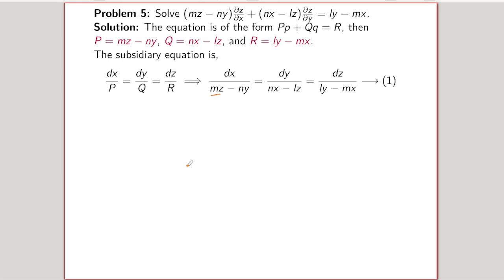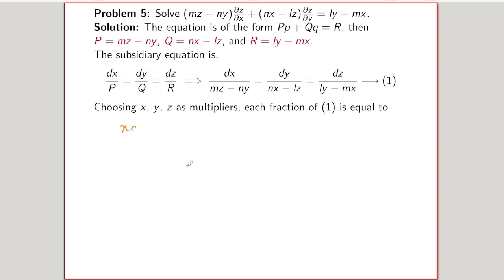Listen here, m z is here and m x is here. If I multiply the first term with x and the last term with z, I'll be getting xzm and minus xzm. These two will get cancelled. So obviously I'm going to multiply y in the next term. So let us choose x, y, z as our multipliers.